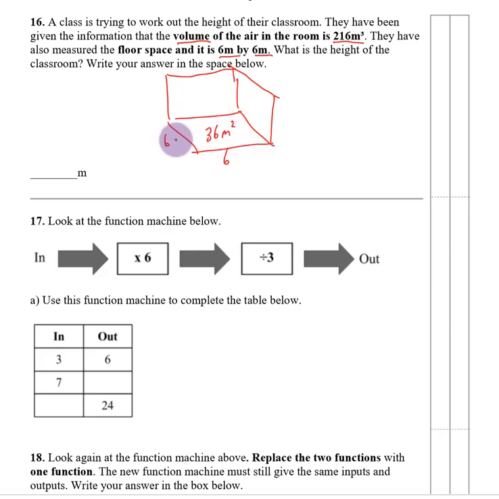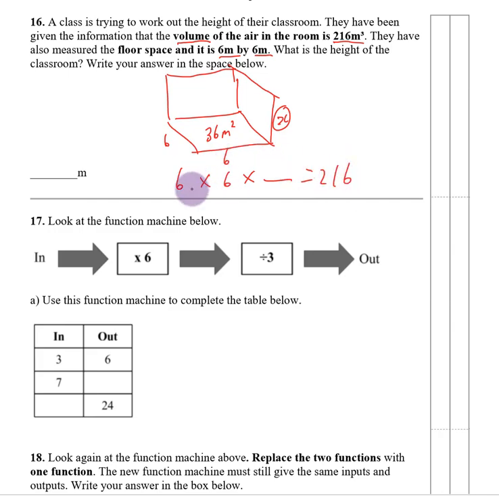Now for volume, we need to do the length by the width by the height. So we need to figure out what this is, and I'm going to call it X. We know 36 meters squared is the floor space. We've done 6 times 6, and then times the number up here, which I've put as X, equals 216.